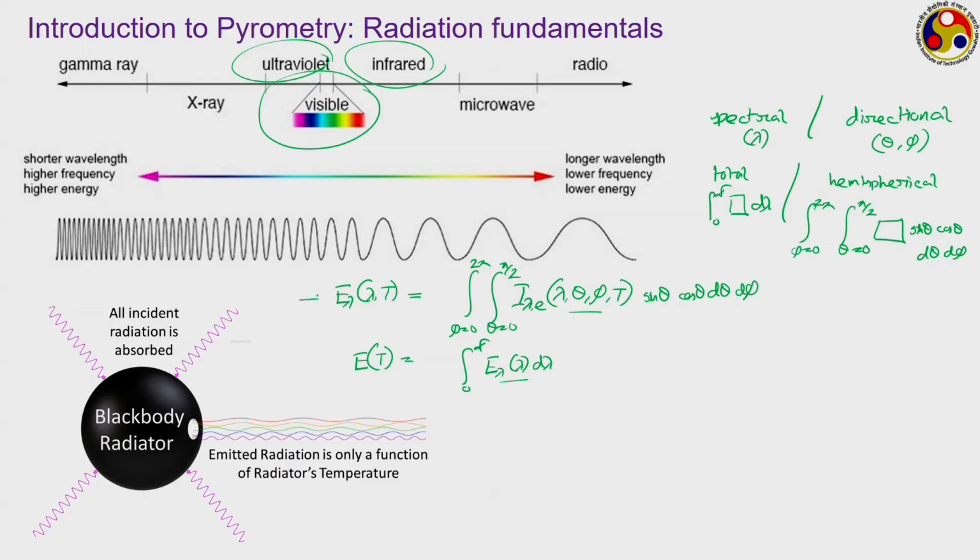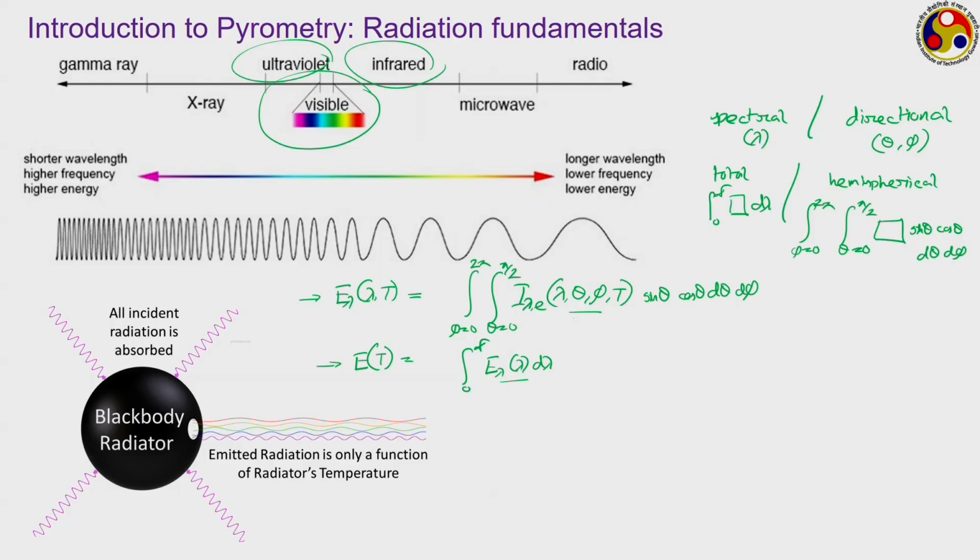So, this is the spectral emissive power or spectral hemispherical emissive power. This is the total hemispherical emissive power, that is the total amount of radiation that can be emitted from the surface of a body maintained at a temperature T.